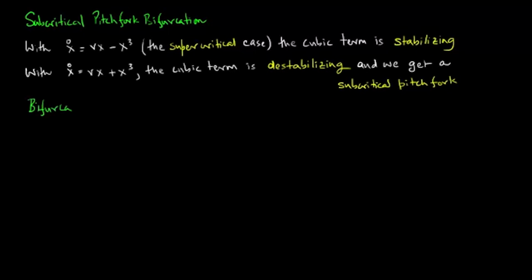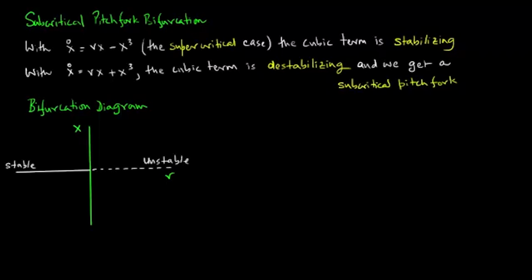We now plot the bifurcation diagram for the subcritical pitchfork. So it's customary to plot x versus r. The dashed lines represent the unstable branches, so that's also unstable.